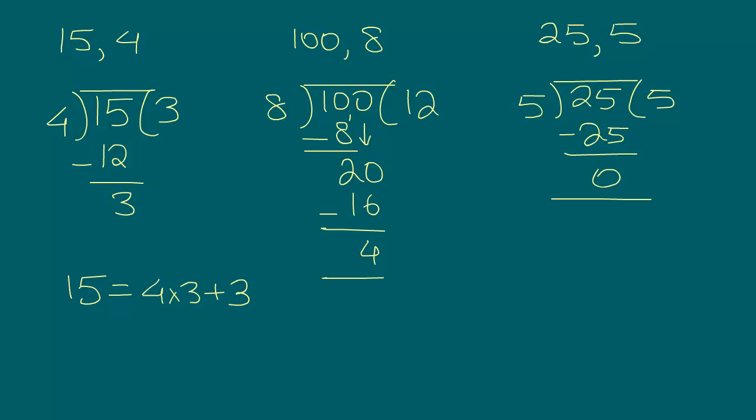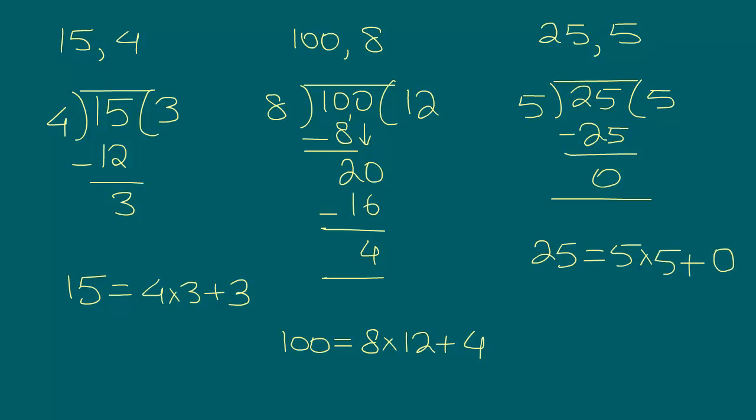Similarly, the dividend 100 is equal to divisor 8 times quotient 12 plus remainder 4, so this will be 96 plus 4. And here the dividend is 25, which is divisor 5 times quotient 5 plus remainder 0. So again, all of these things are always true, and this is how we do regular division.